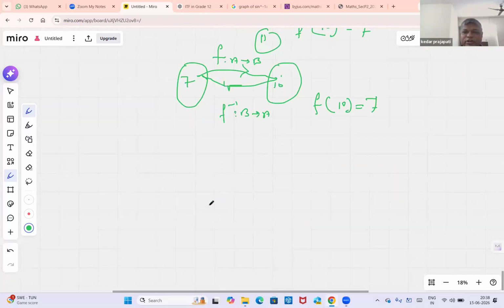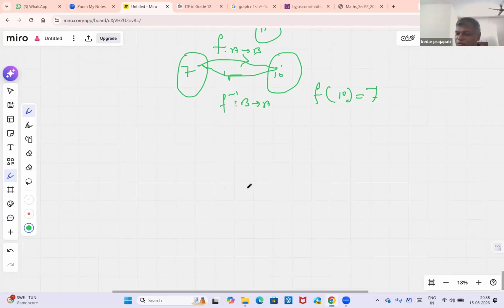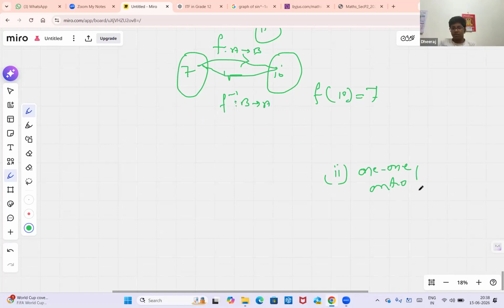So here, what did we learn? All inverse trigonometric functions should be one-one, and they should also be onto. One-one and onto should be there, okay? So far I'm not teaching you anything.